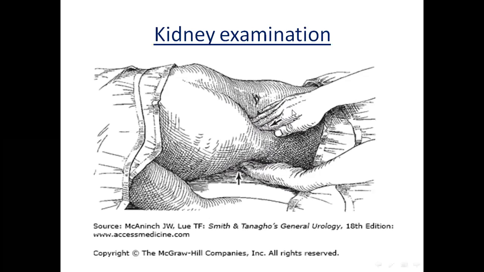Actually, palpation should be started from the right iliac fossa for the right side and from the left iliac fossa for the left side. Why? Because sometimes the kidney gets more enlarged and the mass goes down to the iliac fossa. So you should start palpation from this side.